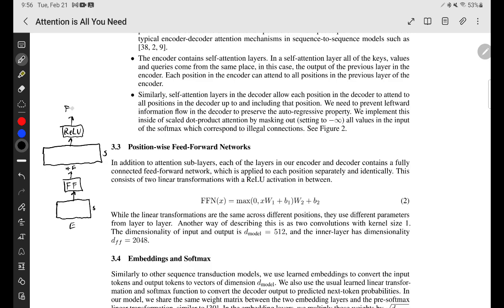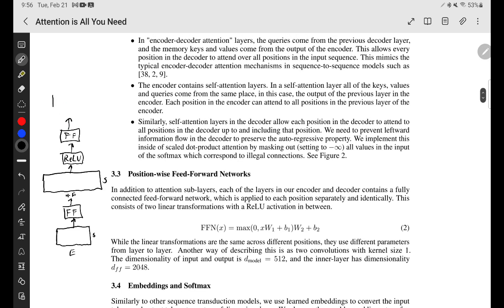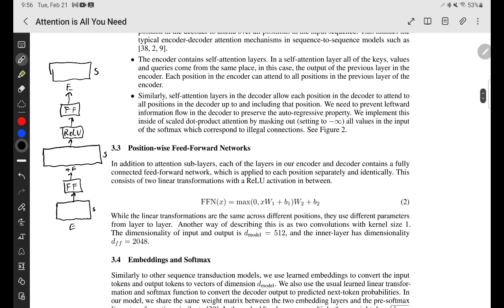Then you apply another feed forward, which goes back to the original shape, S by E.